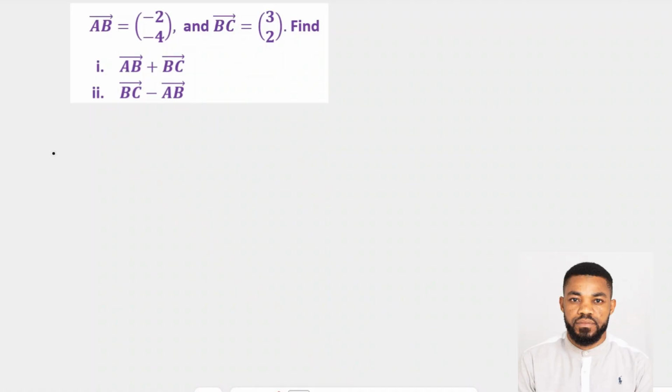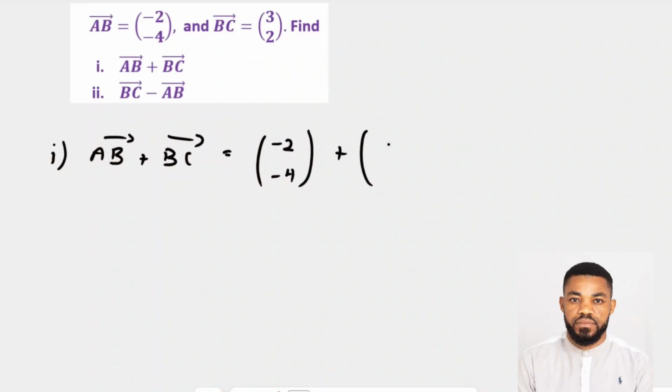That is part I. We have to find the vector AB plus the vector BC. So let's get our substitution done here. The vector AB has components -2, -4, plus the vector BC, which also has components 3, 2. So that's just simple.